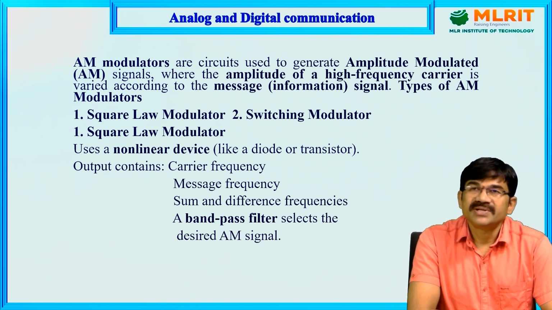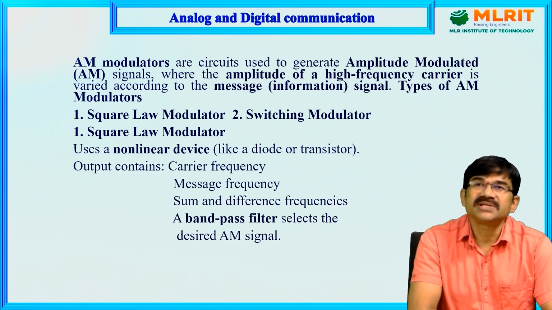The high frequency carrier characteristics change according to the message signal, so we call it amplitude modulation, frequency modulation or phase modulation. In amplitude modulation, the amplitude of the carrier changes according to the modulating signal. So what are the methods we are using for amplitude modulation generation? The first one is the square law modulator, the second one is the switching modulator.